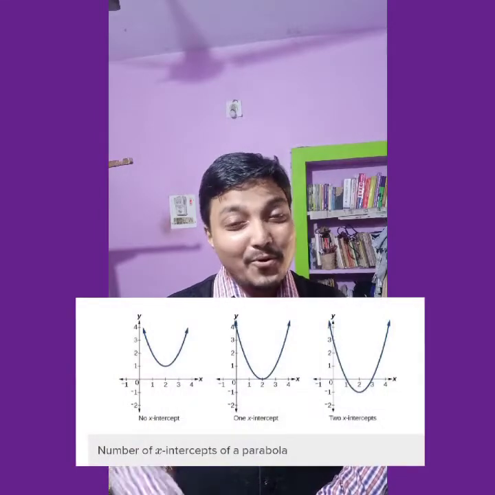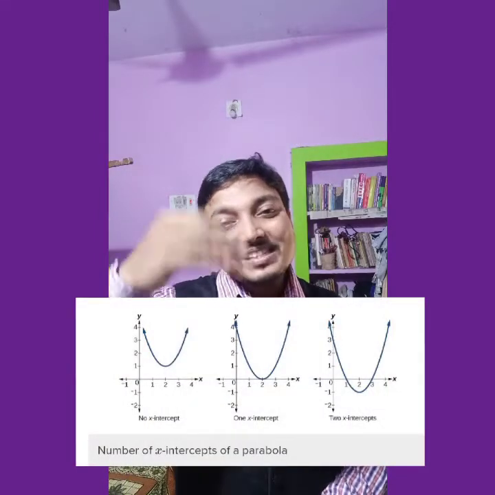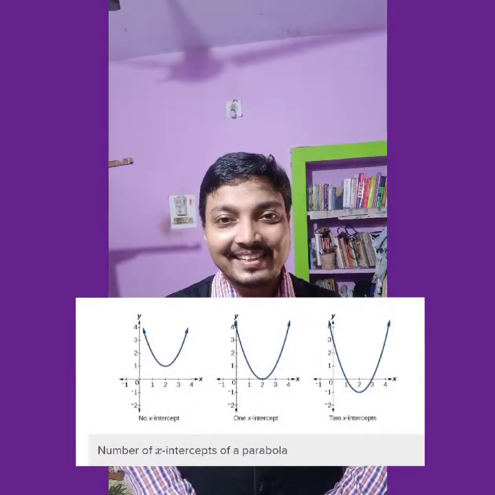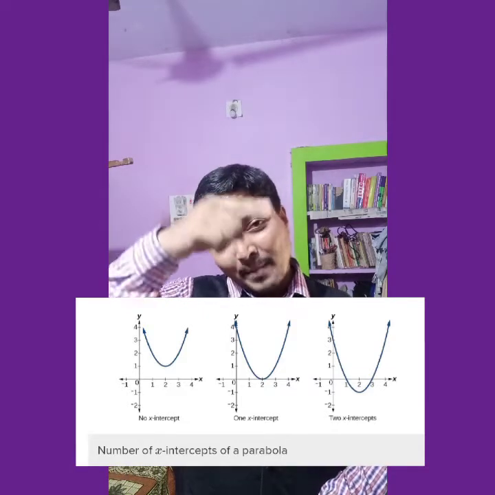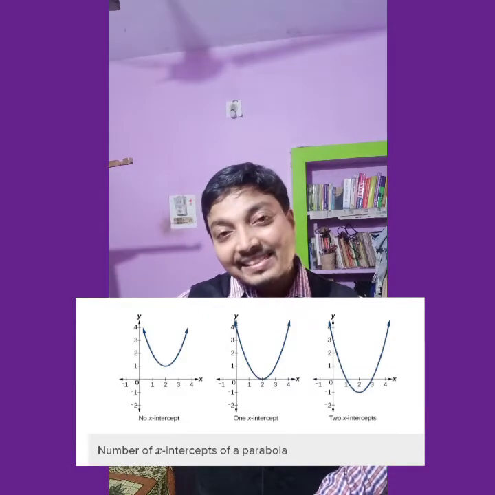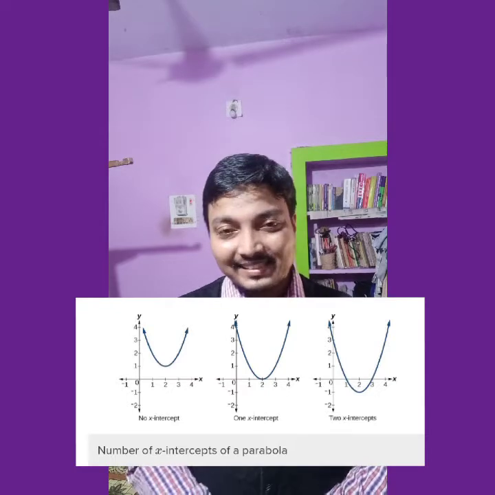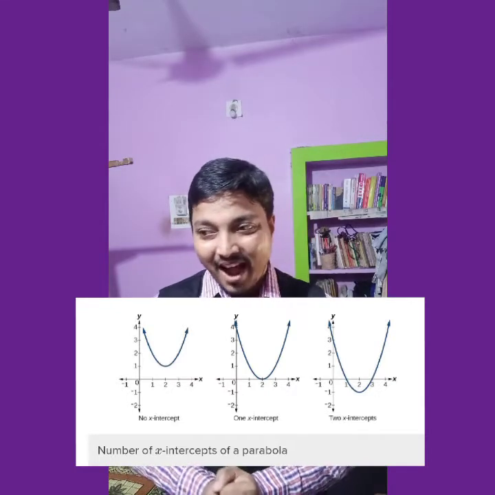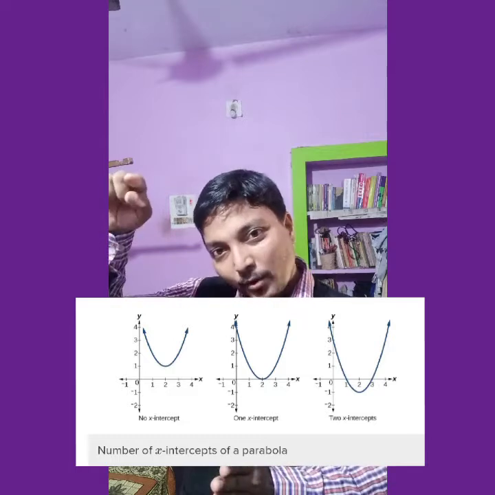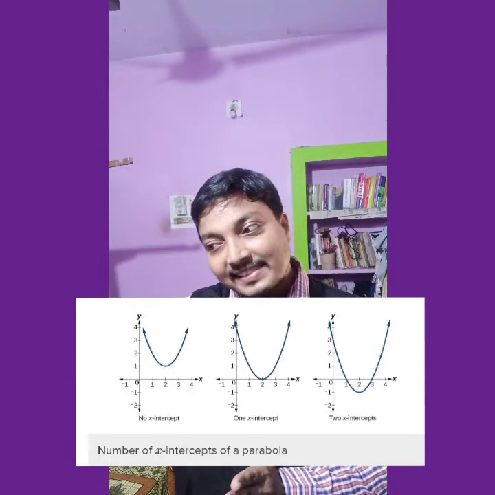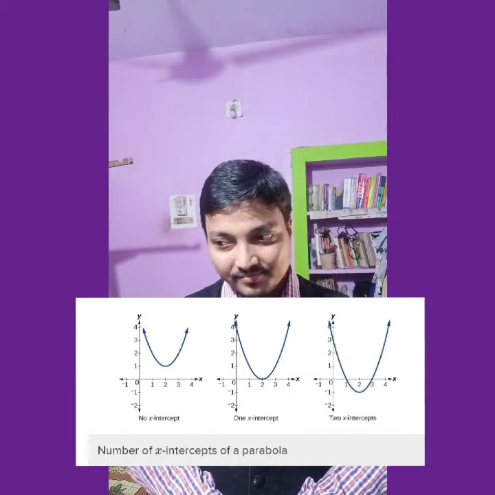Then the parabola that opens upwardly is of three varieties. See, the figures are three varieties. In one figure, the parabola intersects the x-axis at two different points.